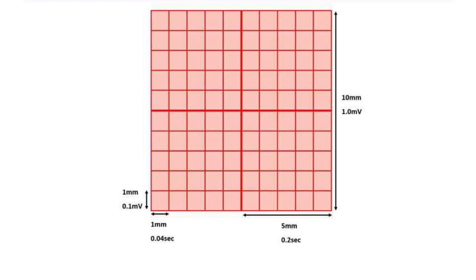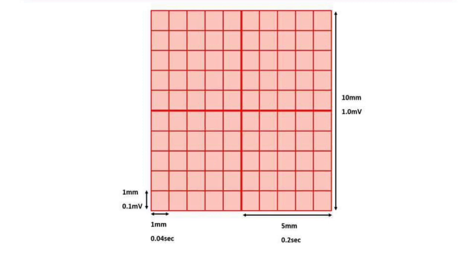Now, you can also see that the paper is divided by thick lines which define the large squares. Within each large square there are small squares, 25 small squares, 5 by 5. The small squares are lined by thin lines.